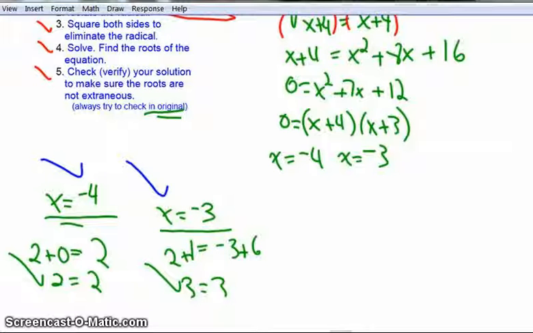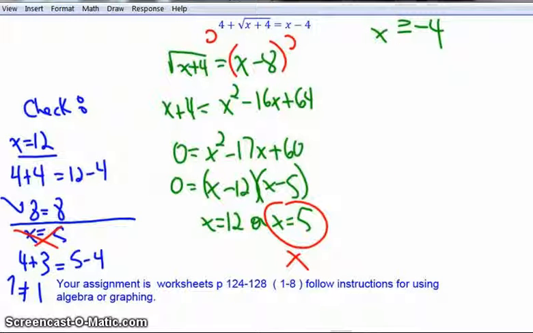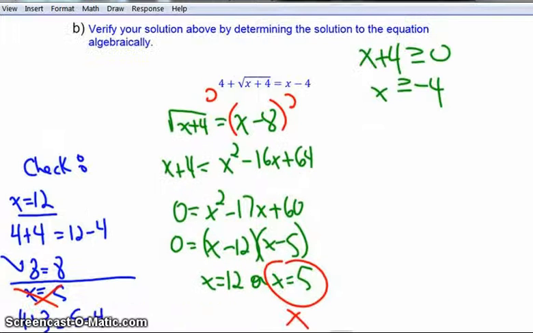I want you to finish off the last example, and then the assignment is on a worksheet to follow, and I will give you the solution to example 2 in a minute after you've looked at the next page and tried example 2.